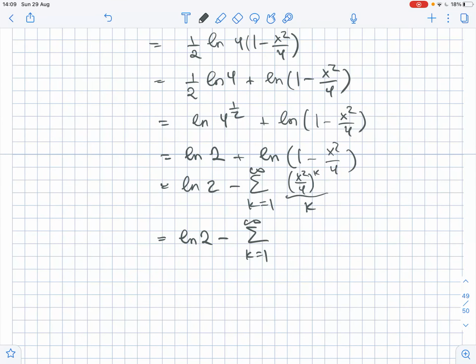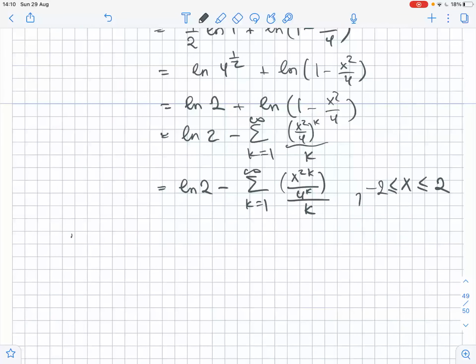We can rewrite it as ln of 2 minus the sum from k equals 1 to infinity of x to the power of 2k over 4 to the power of k, and this whole thing is divided by k. And in this case, x lies between negative 2 and 2, including the endpoints.